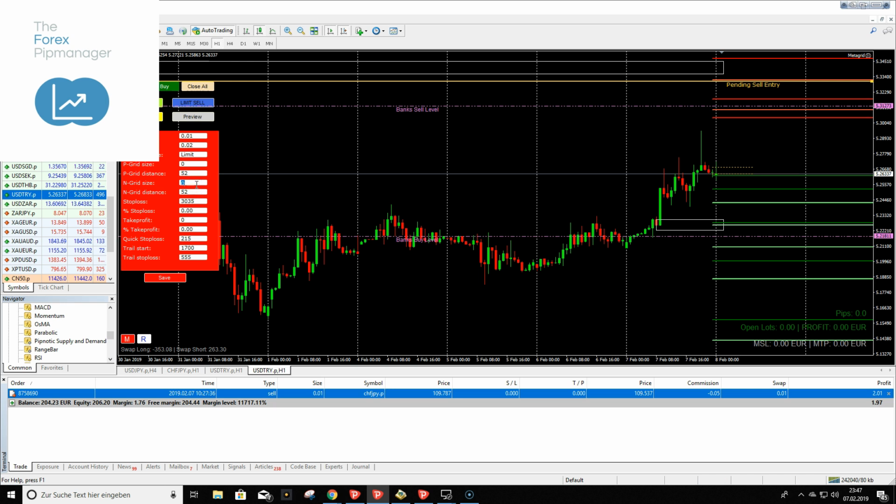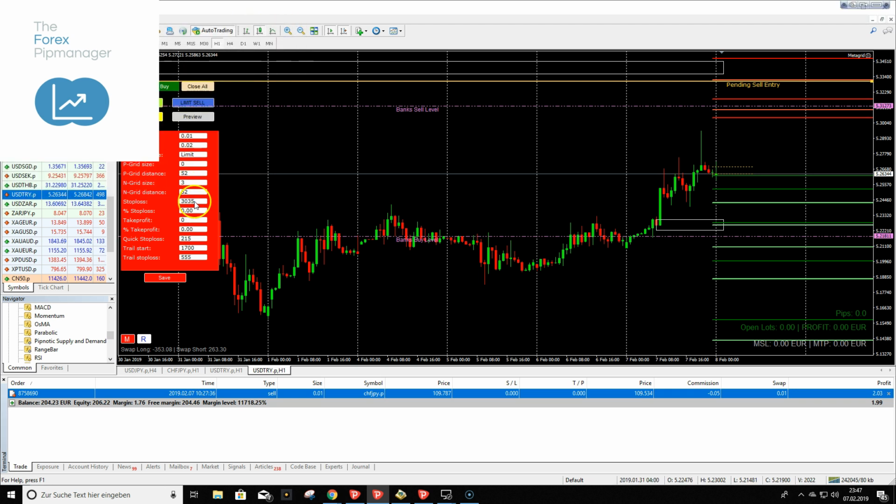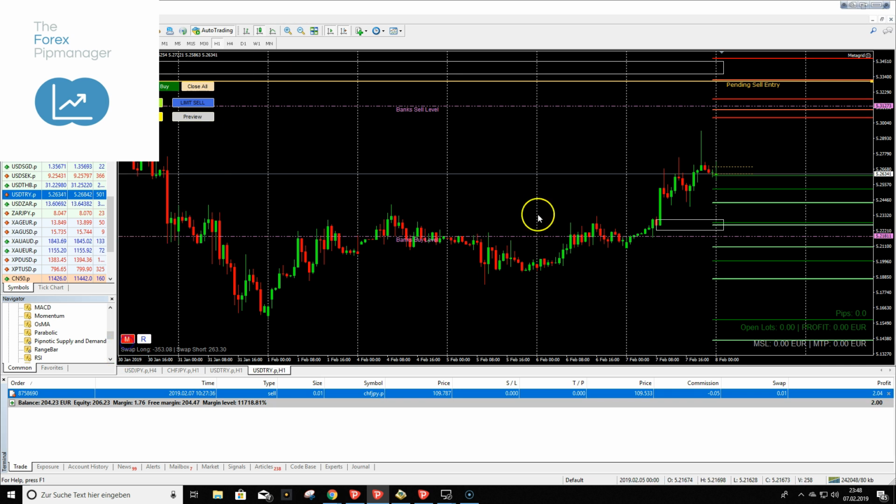We want 3 additional scale-ins if price goes against us, and we had 1660, and I use my calculator to divide this by 3. So the distance between every line should be around 550. We save this, and let's check on the preview button if this is good.